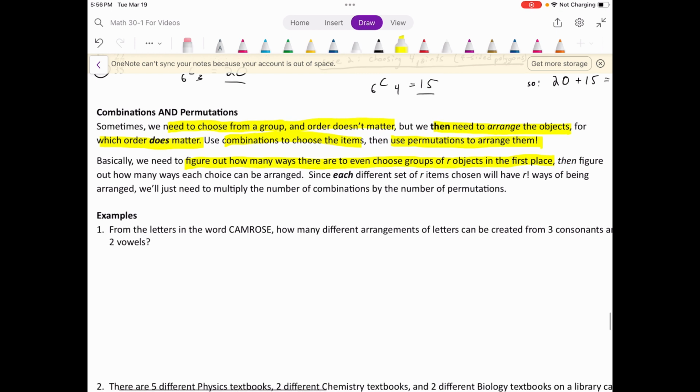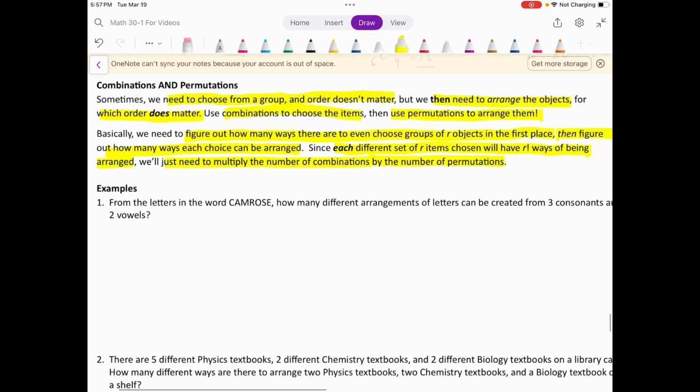So since each different set of R items chosen will have R factorial ways of being arranged, we'll just need to multiply the number of combinations by the number of permutations, right? Again, all the different ways that we could choose the R items in the first place, where order doesn't matter, for every single one of them, they will then have R factorial ways of being arranged. Okay, so that's why we're going to multiply them together.